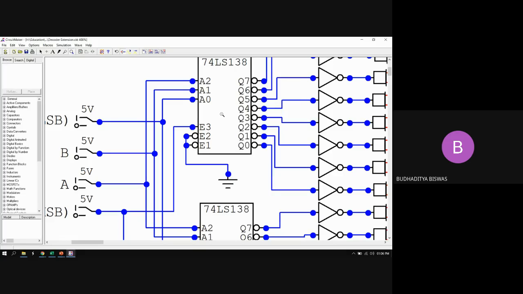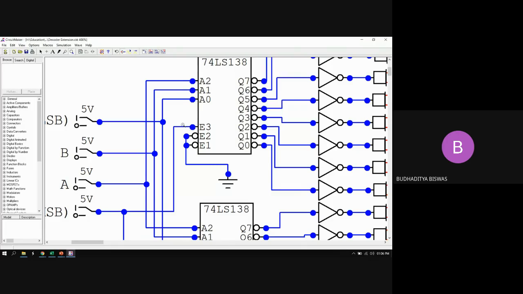It doesn't mean that. If E3 is open circuited, meaning nothing is connected to E3, no input is connected, it remains blank, then it takes the E2 value and obeys the E2 command. If E2 is also open circuited, then only it looks at the E1 value.